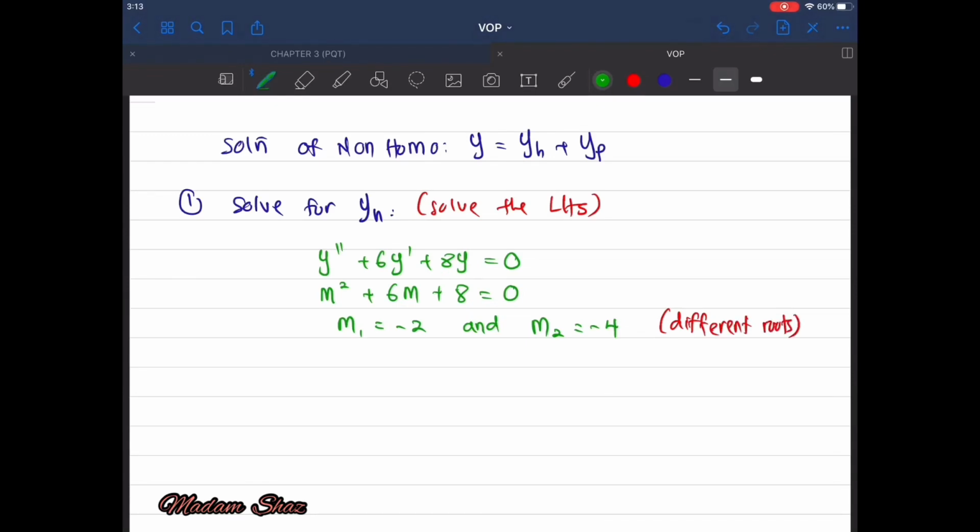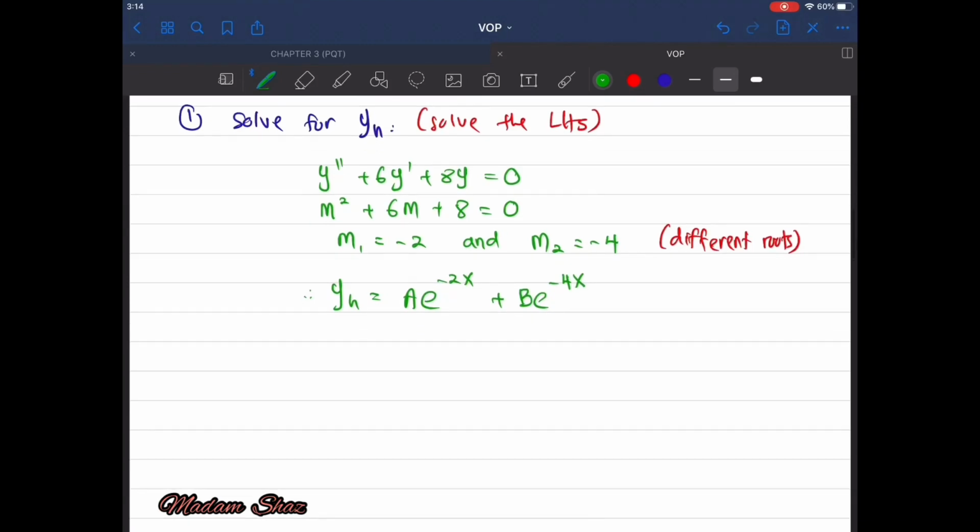How do we write the general solution for yh if m has different roots? Therefore, yh is equal to a exponent negative 2x plus b exponent negative 4x. This is the solution for yh.